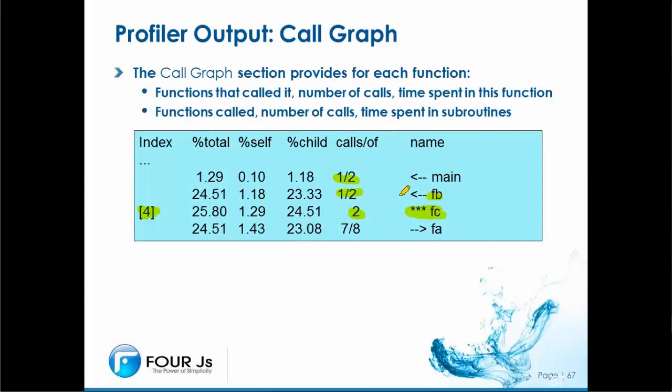So we can actually track which functions called function FC. And then this right directional arrow means that FC called function FA, and it actually called that function 7 out of the 8 times that that function was called during the program execution.